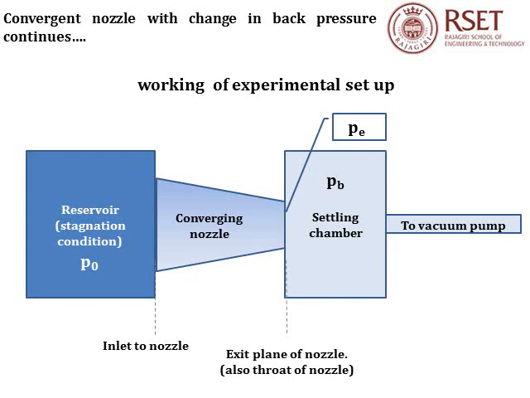When the pump is switched on and the valve is opened slightly, the fluid from the settling chamber is sucked out, resulting in reduction in pressure inside the settling chamber. Now a pressure gradient is created inside the experimental setup and the fluid will start flowing from the reservoir towards the settling chamber through the converging duct.